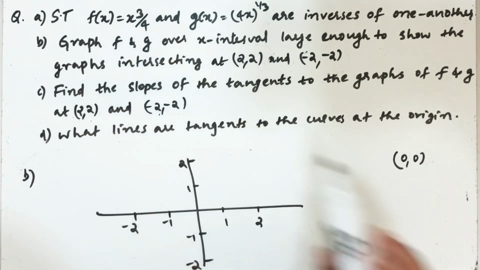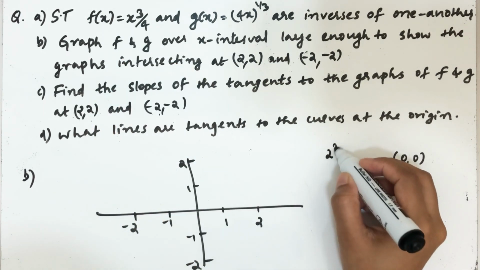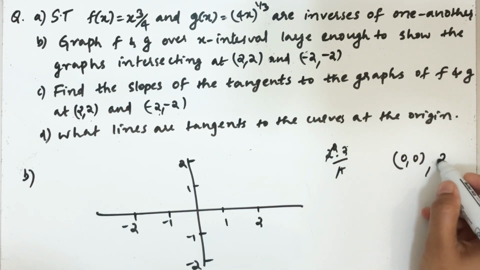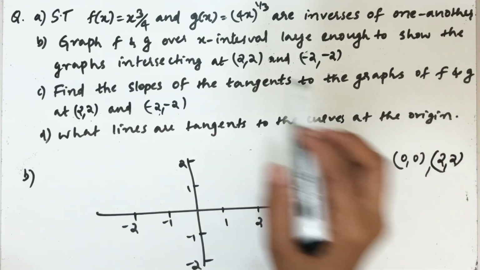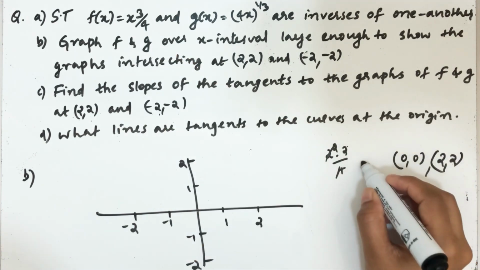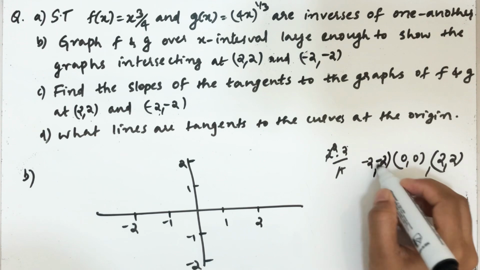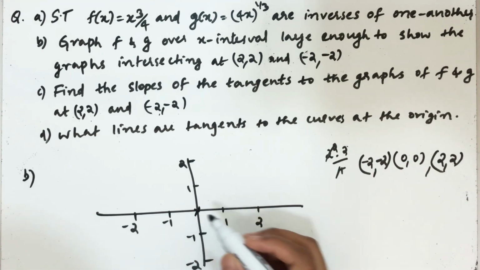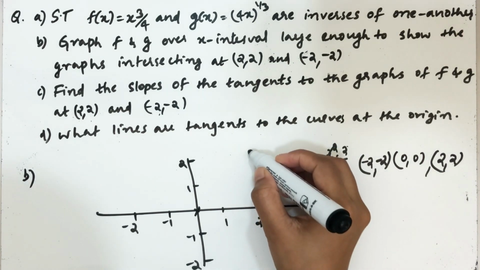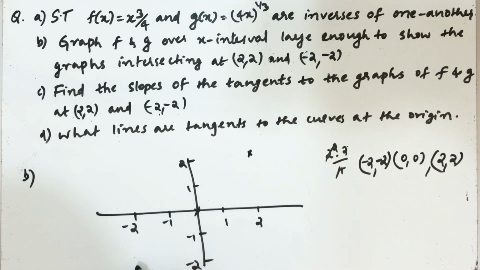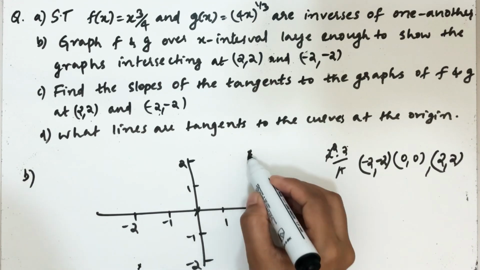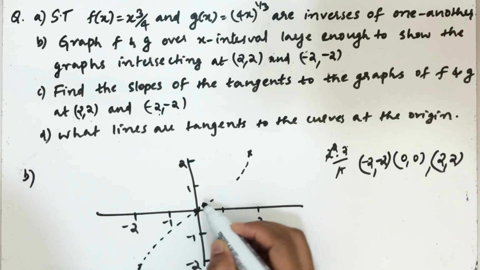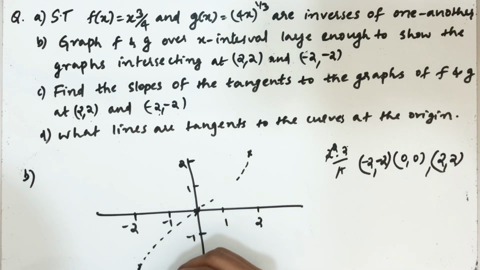When x is equal to 2, 2 cube by 4, that is 2 square into 2 by 4, that is 2. So 2, 2 is a point, and when x is equal to minus 2, minus 2, minus 2 is a point. Enough. We can draw 0, 0, 2, 2, minus 2, minus 2. Just like this is the graph.